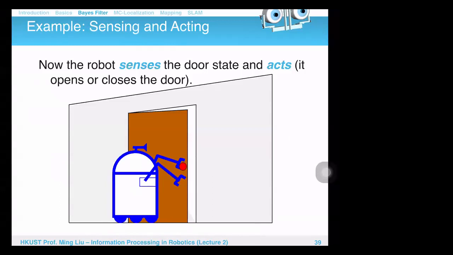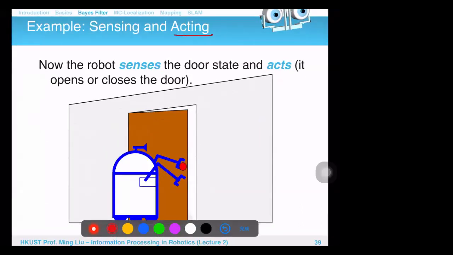So now you know the states. How about we combine the sensing with some action, right? Mobile robots or robot arms or UAV, it doesn't matter. Finally, you need some execution of task. You need some actions.